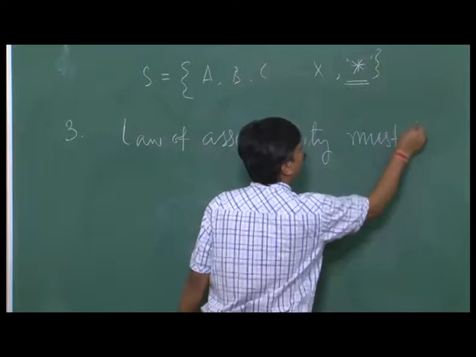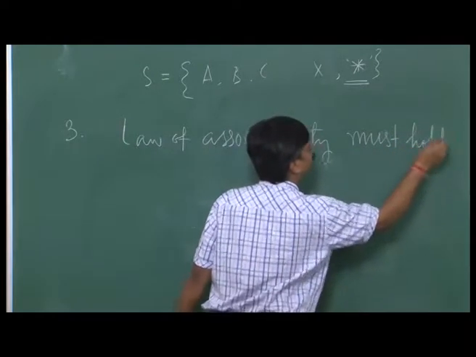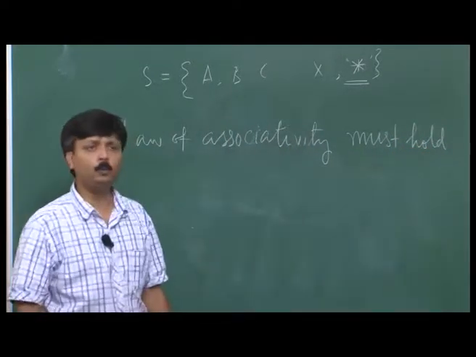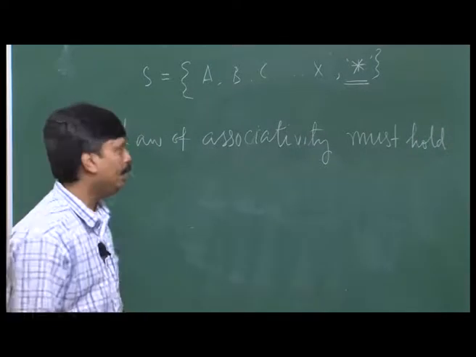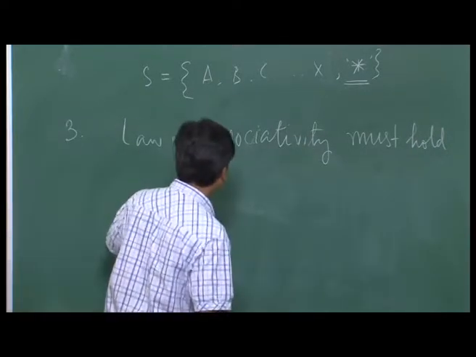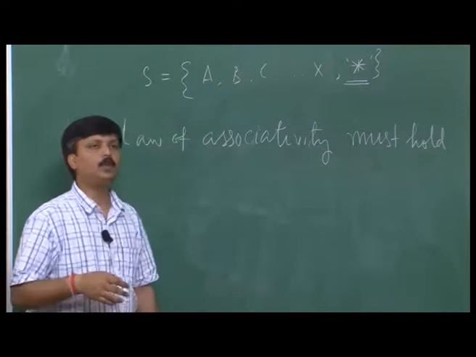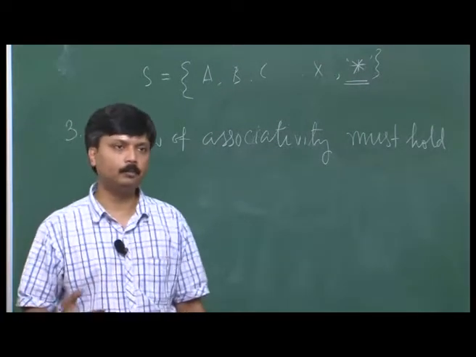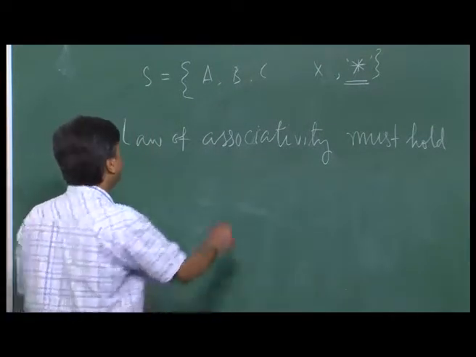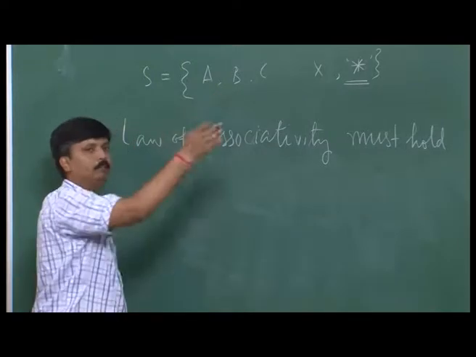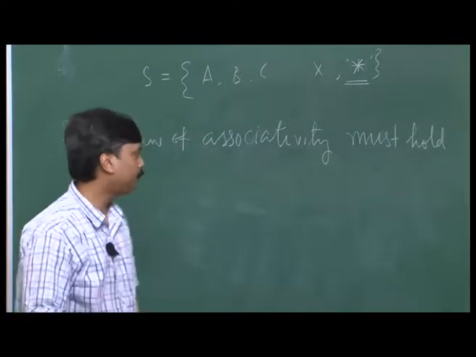What does that mean? We know what associativity means, right? Associativity means the order of combination. Suppose I again consider this particular set having a, b, c to x.